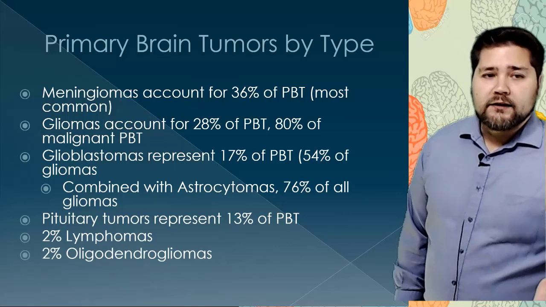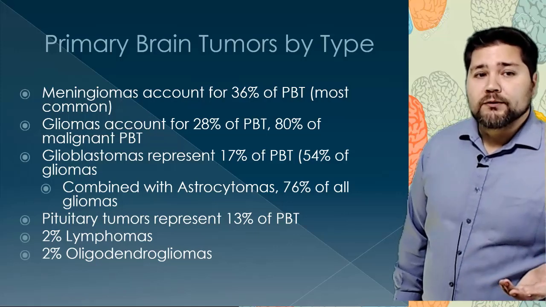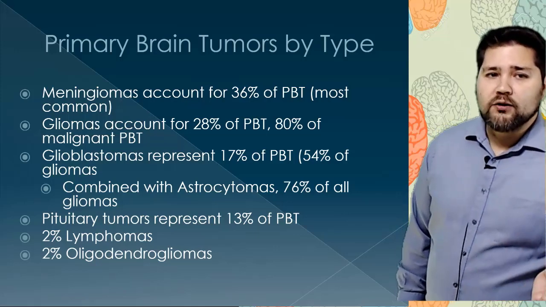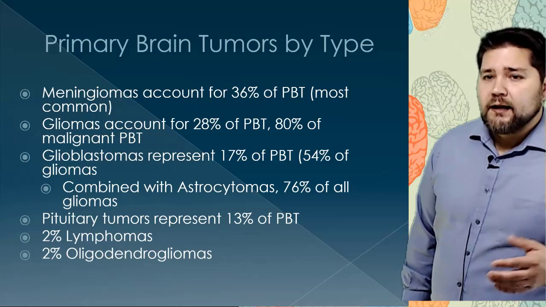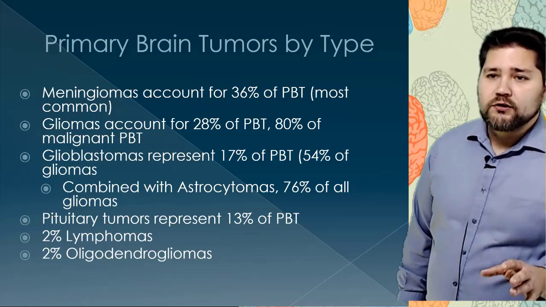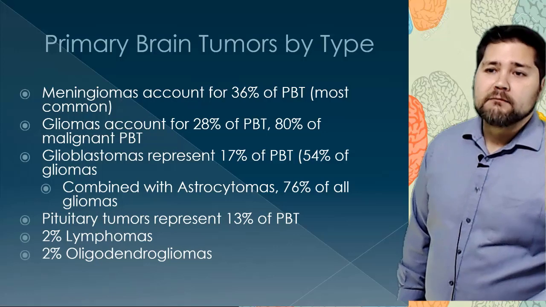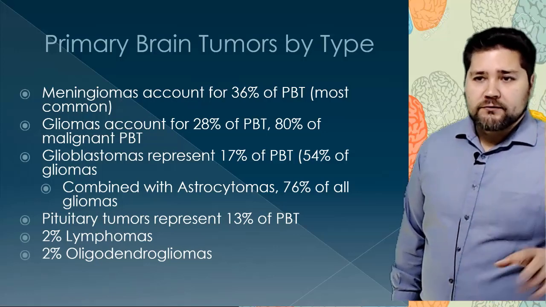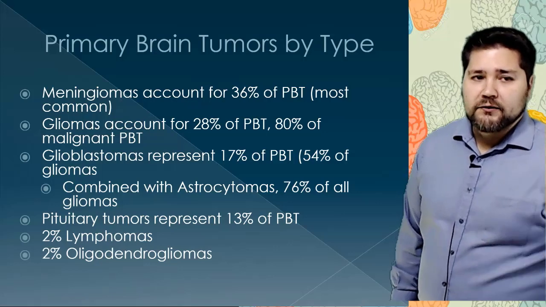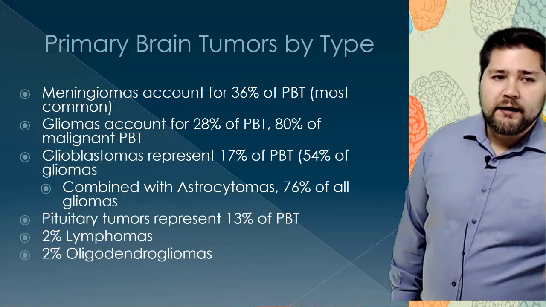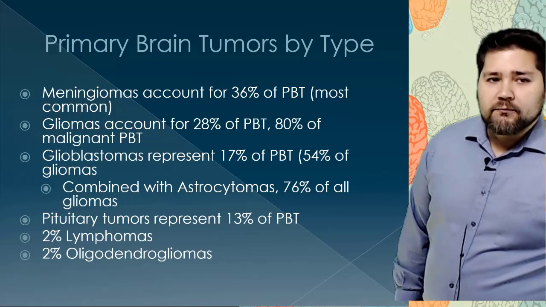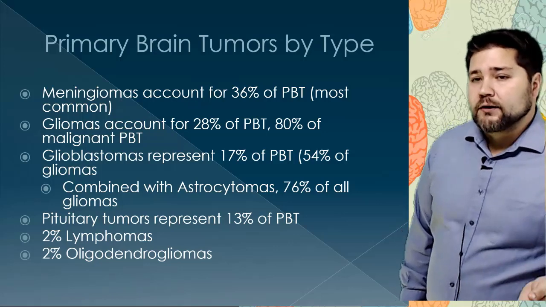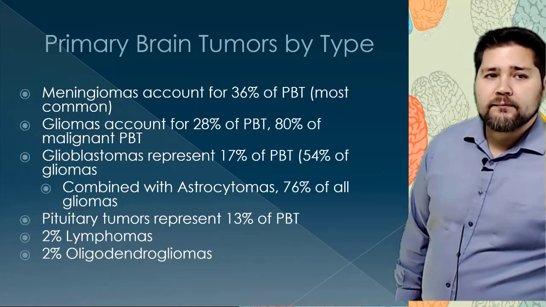On the other hand, glioblastomas are the most common malignant tumor, and that's a class of a glioma. And the gliomas tend to represent the most common groups of tumors, and most gliomas tend to be malignant and very problematic. So gliomas are really just a class of those glial cells, and we'll again look at that classification shortly. So some of these other ones, it's not really important, but you can just see the overall incidence of some of these tumors.